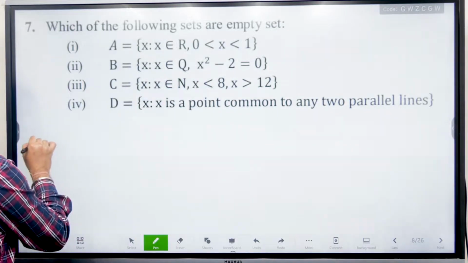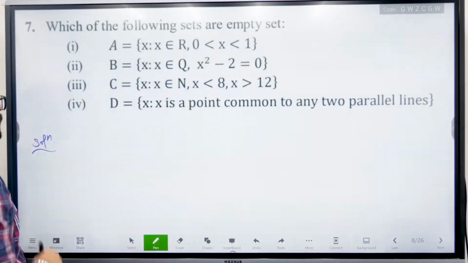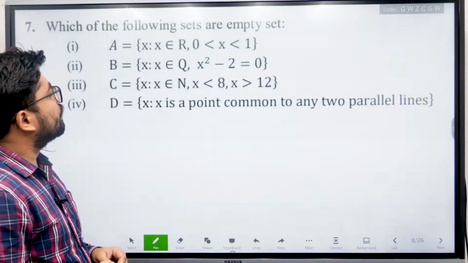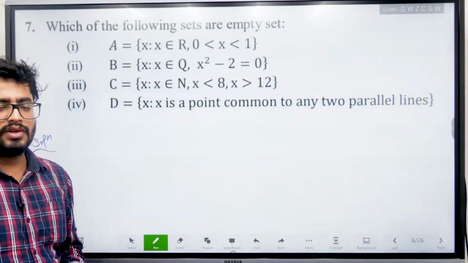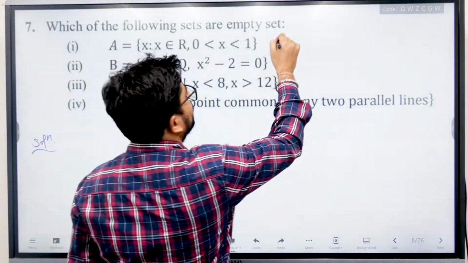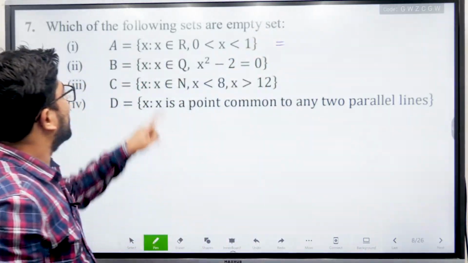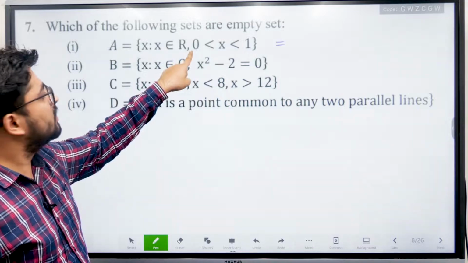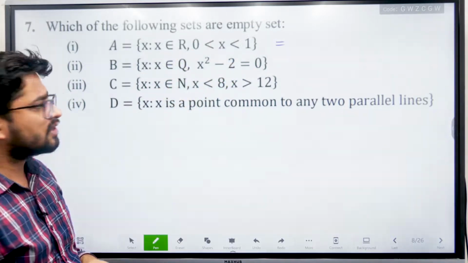We have to find which one is an empty set and which one is not an empty set. If you observe the first one, the first set is X, the collection of all the real numbers between 0 and 1.